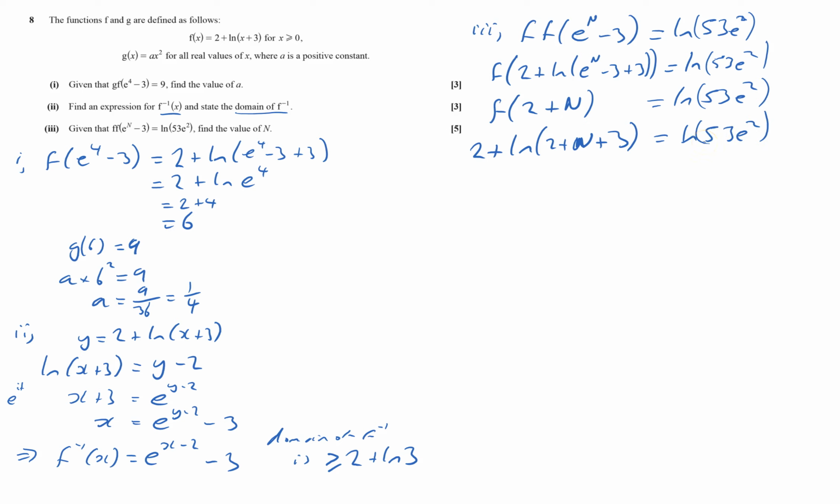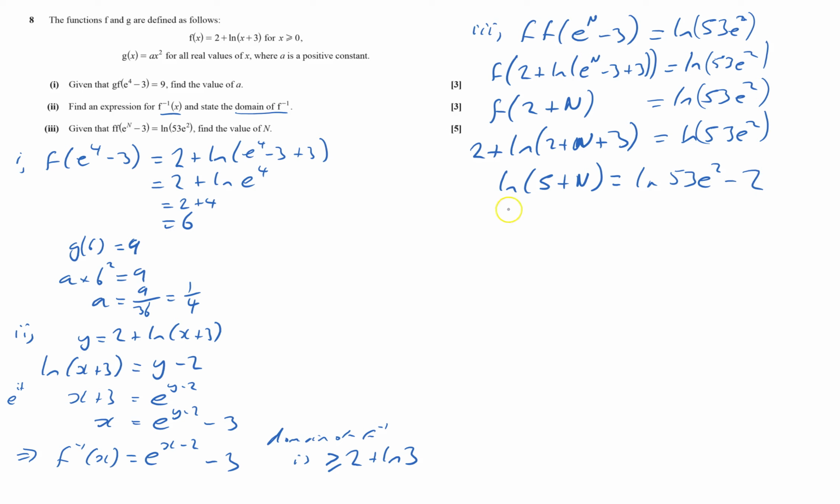Now at this stage I've got one unknown, n, so I just have to keep on undoing things. First thing I'm going to do is take away 2 from both sides. I'll tidy these up a bit at the same time: ln of 5 plus n equals ln of 53e squared minus 2.